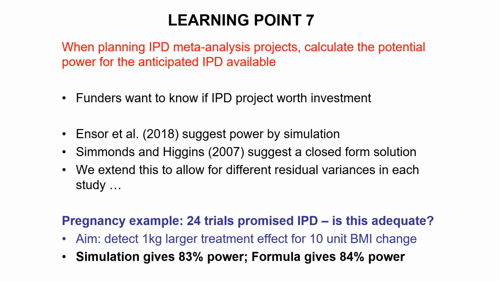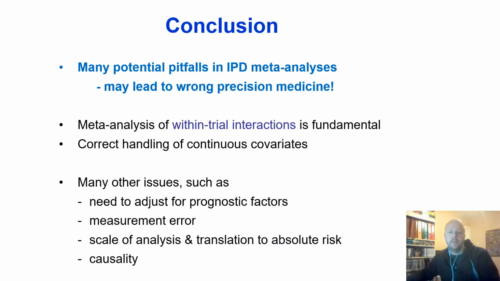Closed form solutions are possible, and in the paper we give an example where, based on 24 trials that promised their IPD, we calculated that the power to detect an interaction between BMI and treatment effect was about 83%, which would have been really valuable to know in advance of doing the project, and indeed funders would also benefit from knowing that.